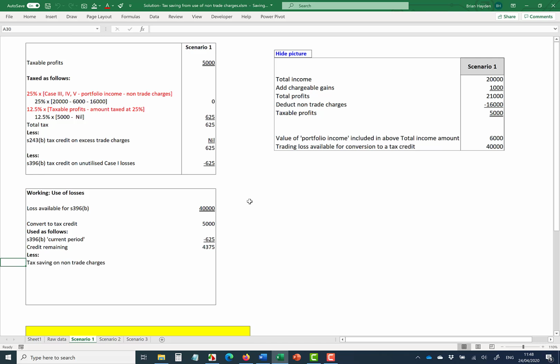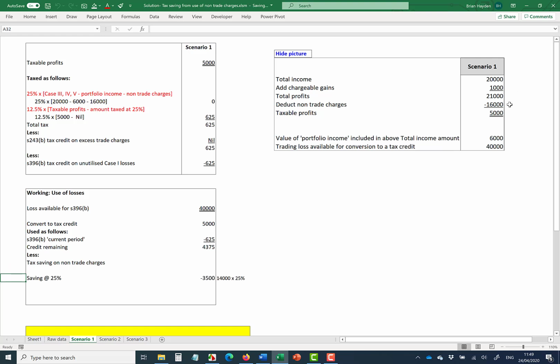Now, here's I suppose the key point: tax saving through the use of non-trade charges. We had non-trade charges of 16,000 euros. So how do we utilize those non-trade charges? Well, the principle is that we set them against the highest taxed income first. So of the 20,000 of income, 14,000 of it is taxed at 25% and 6,000 is taxed at the portfolio rate.